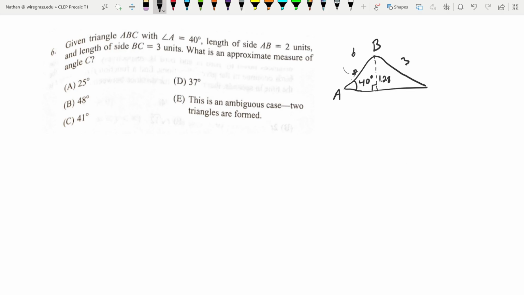You can also see this using law of sines. So for law of sines, right, we would have sine of 40 over 3 equals sine of c over side length 2. Okay, I'm going to multiply 2 over to get sine of c.